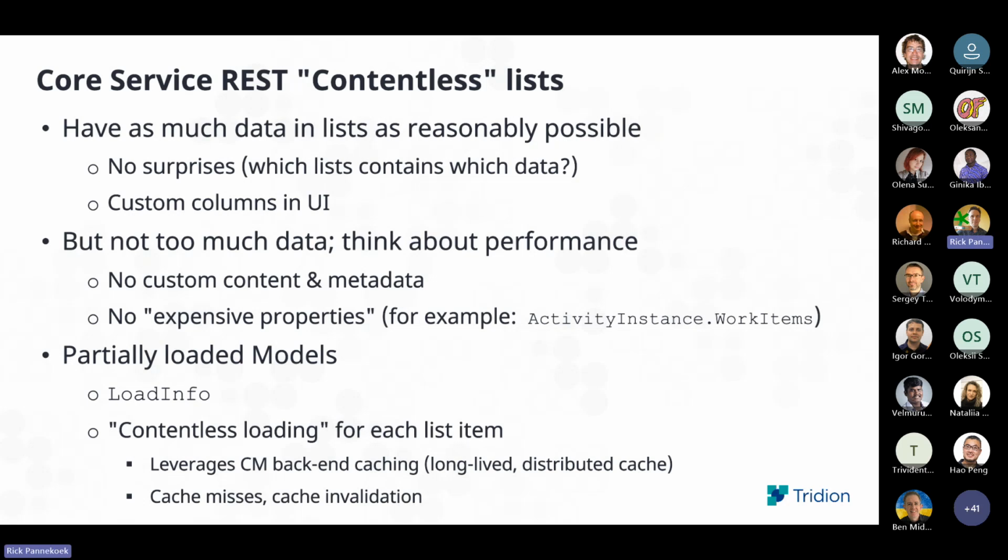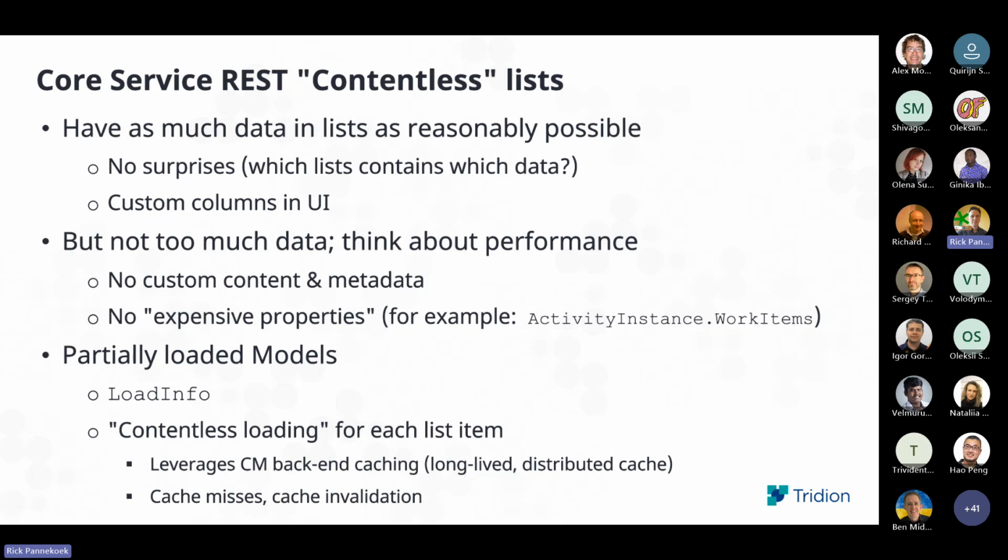That's nice, but from a performance perspective it's not nice at all. From a performance perspective it's the opposite: the less data, the better. We realized from the start that if we returned all the properties in the list, including custom content and metadata, which can be really large, even megabytes, that's not feasible.